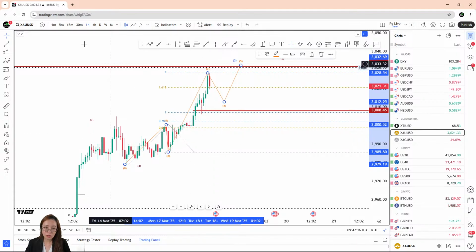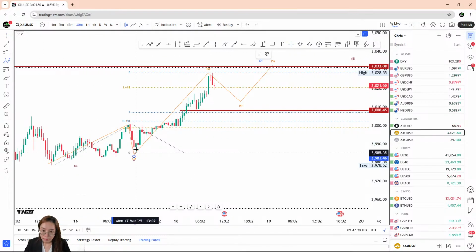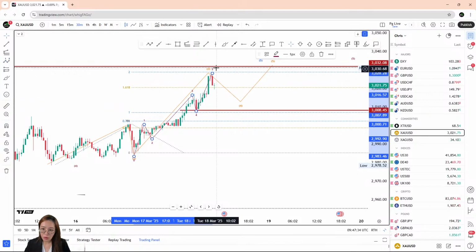You can go to a lower time frame like M30. From here you can see that I count wave 1, 2, and continue with wave 3. Within the small wave 3 here, you can also count wave 1, wave 2, wave 3, wave 4, and wave 5 to complete wave 3.